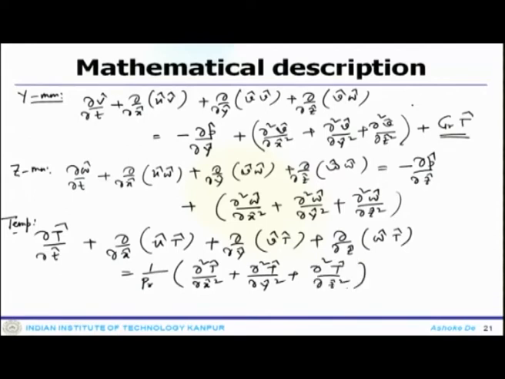So, if you look at it, there is another term which comes in the temperature equation.